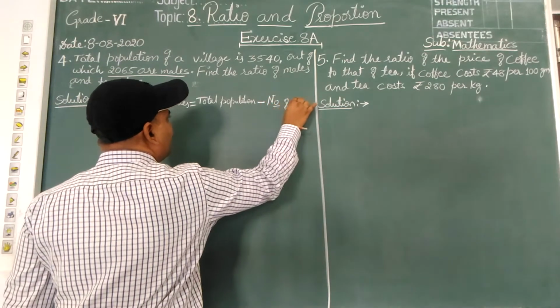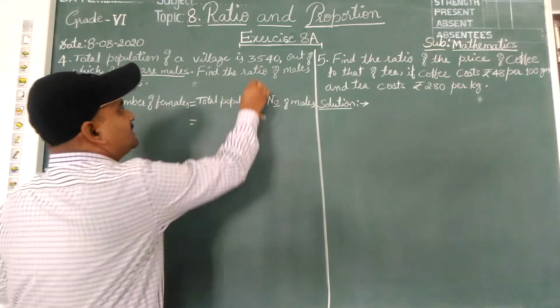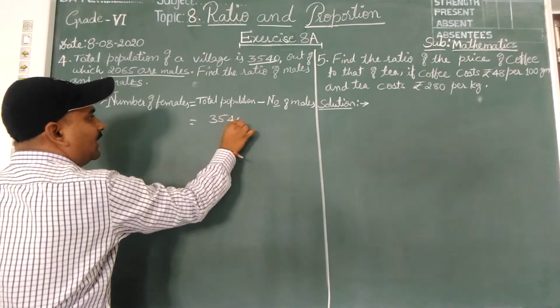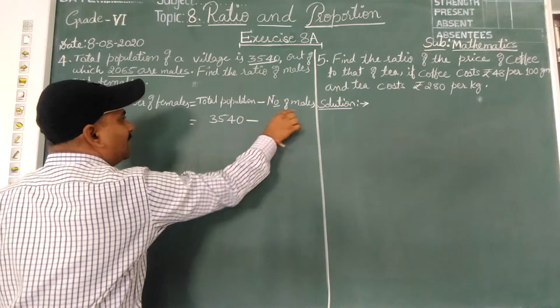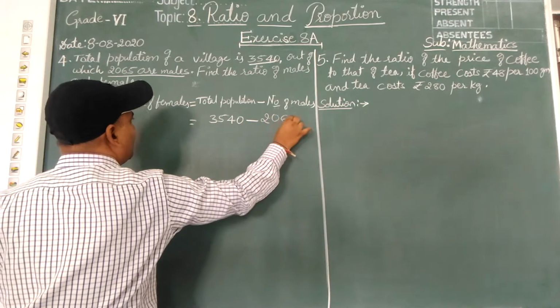When I subtract, total population is 3,540 given, minus number of males 2,065.